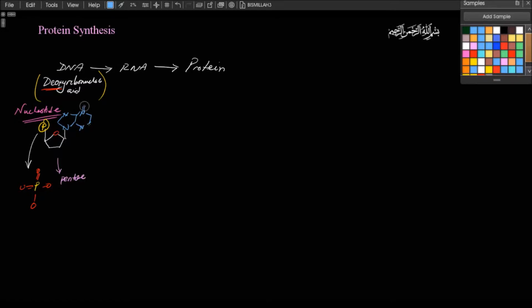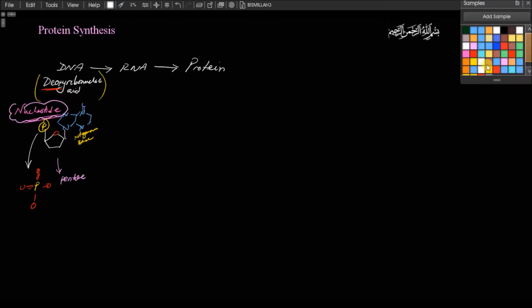I'm just making this up. Nitrogenous base, N-I-T-R. So the constituents of a nucleotide, the building block, are the phosphate group, a pentose sugar, and a nitrogenous base.